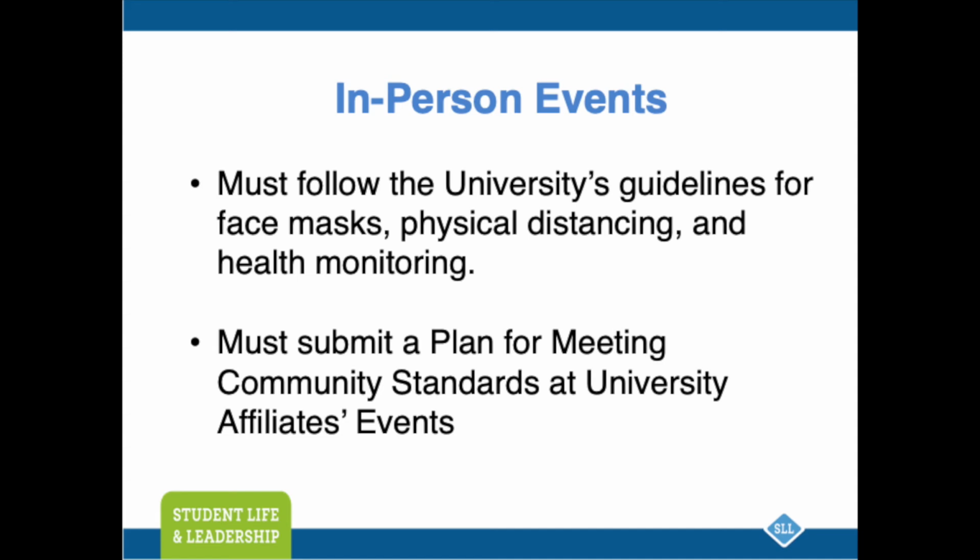Note, any student organization that desires to hold an in-person event must submit a plan for meeting community standards at university affiliates events. This form can be found on Heal Life. Questions about this form may be directed to Student Life and Leadership at studentlife@unc.edu. The maximum capacity for in-person gatherings found at the Carolina Together website should be observed for events on campus.